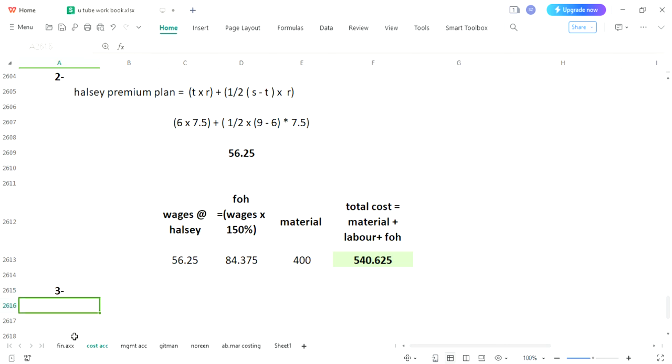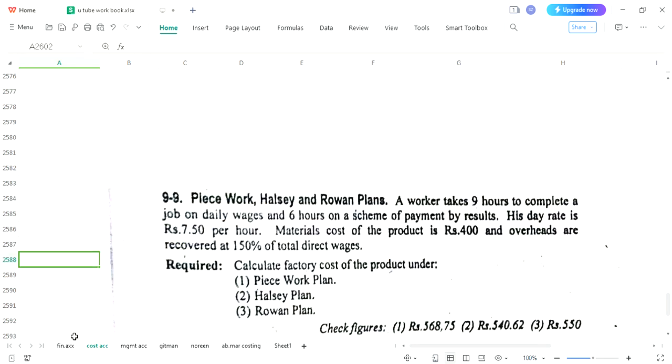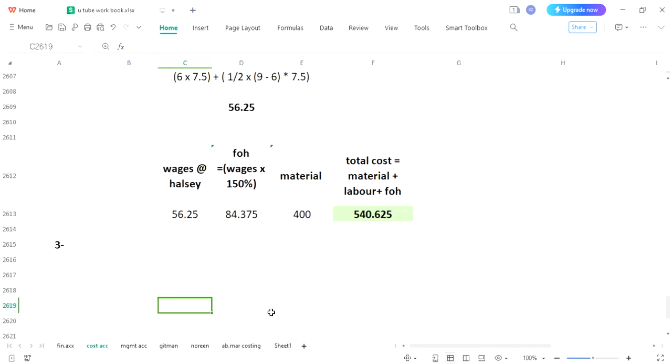Let's go to the question. Rowan plan. Again, we will be following a formula for calculation of wages, the Rowan premium plan formula, which I would like to write over here.